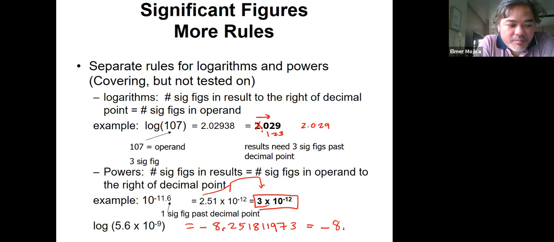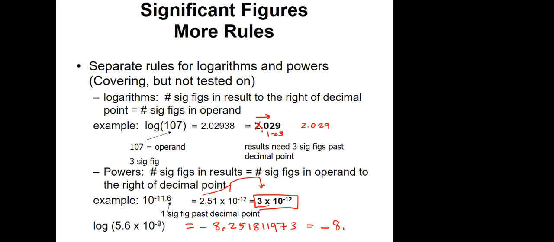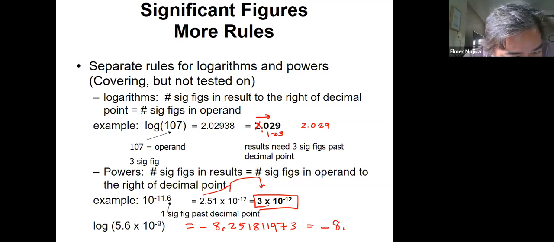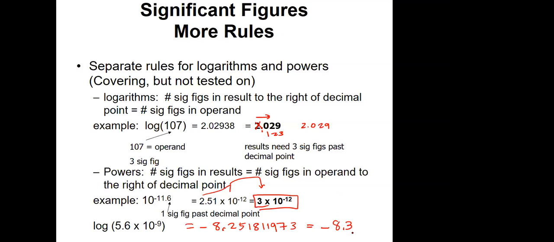Anyone? Negative 8.3? We rounded up? Any other answer? Oh, sorry. It should be 8.25. Okay, 8.25.